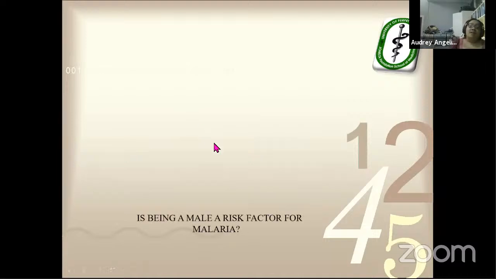So for example, is being male a risk factor for malaria? Anyone?